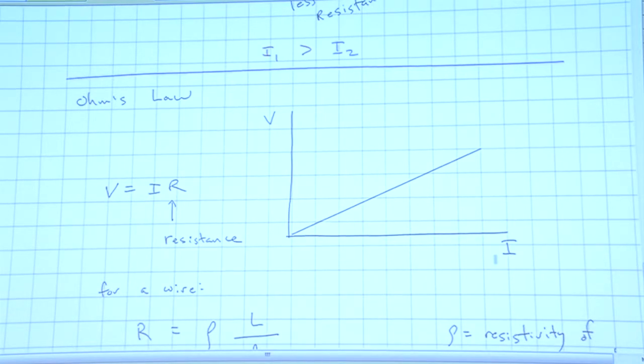We've added a second path for the charges to get from the positive terminal of the battery to the second terminal of the battery. So we've lowered the overall resistance of the circuit. I know it seems counterintuitive.